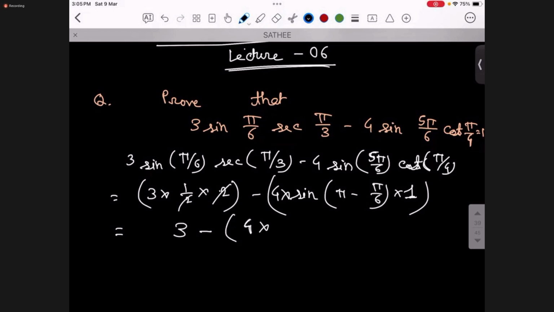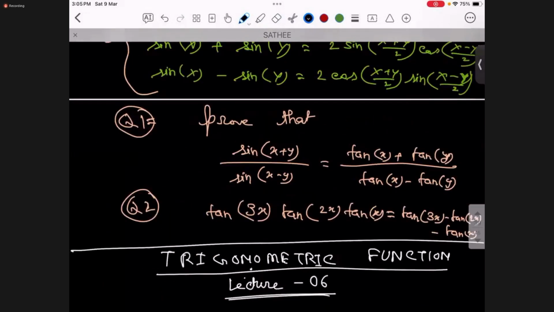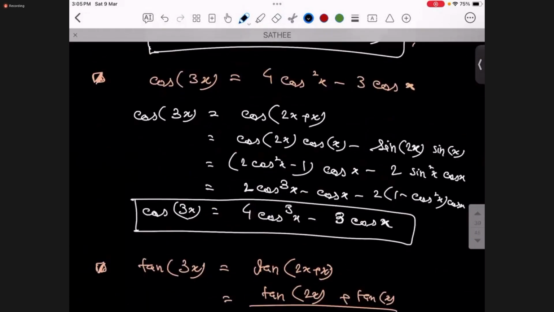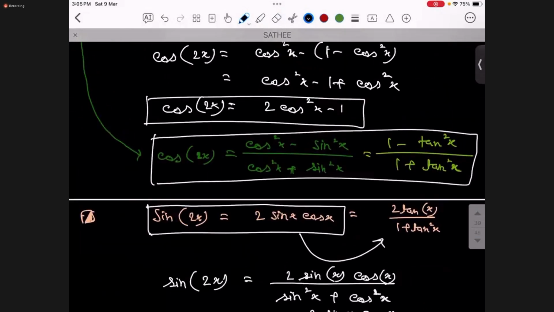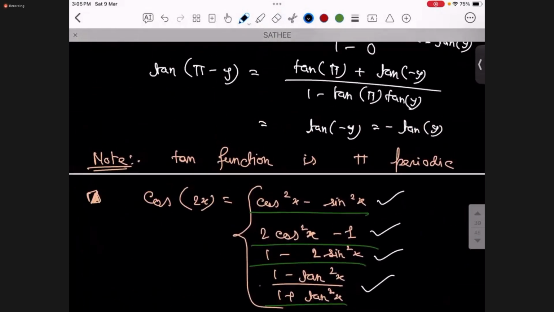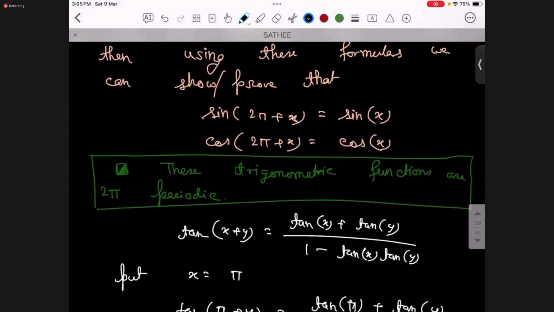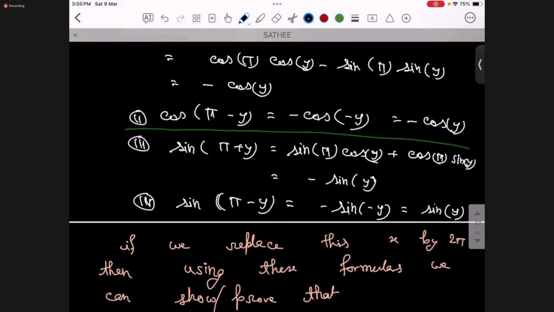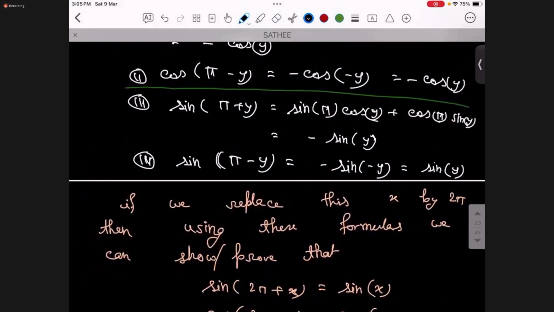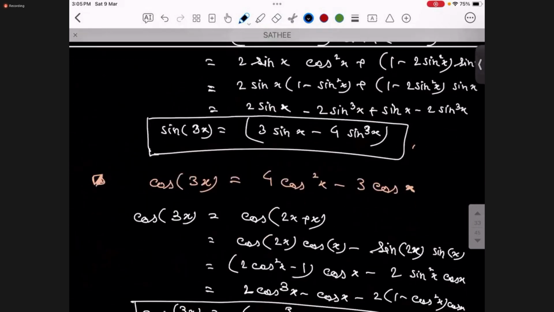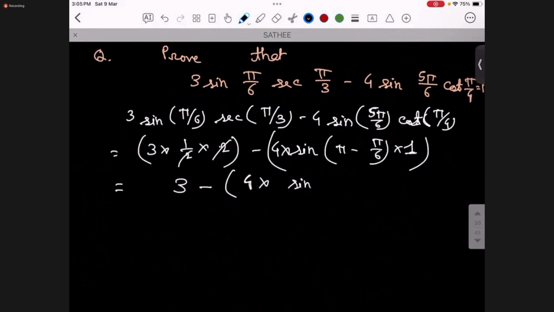Now what is the value of sin(π − π/6)? In the last lecture we have done these things, so let's check. Yes, sin(π − y) equals sin y. Perfect. So we can write sin(π/6) multiplied with 1.